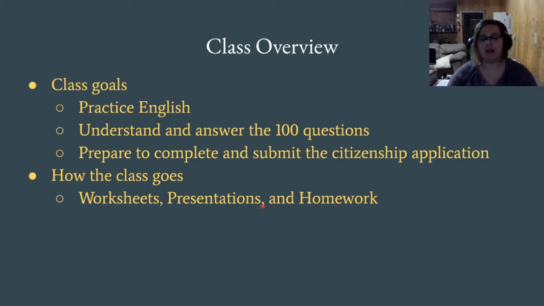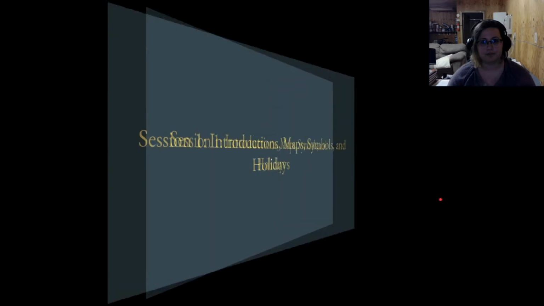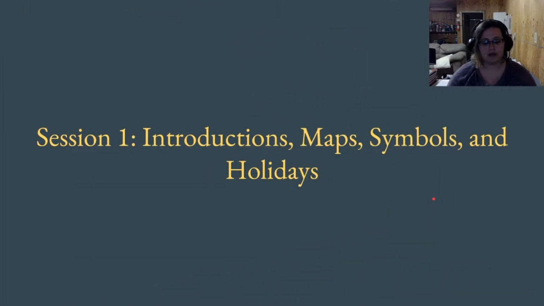We also have presentations like this presentation. And after each session ends, there will be some homework that I've assigned to help you get better at your reading and your writing practice as well. So, like I said, you should have that worksheet in front of you that says session 1. With that overview out of the way, we're going to dive right in.